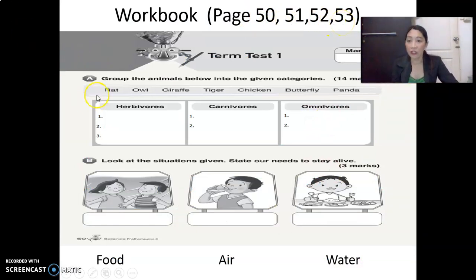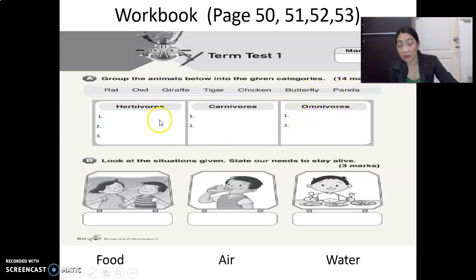Letter A: group the animals below into given categories: herbivore, carnivore, omnivore. Herbivore is 1, 2, 3, carnivore, 1, 2, omnivore, 1, 2. The animals are rat, owl, giraffe, tiger, chicken, butterfly, and panda.